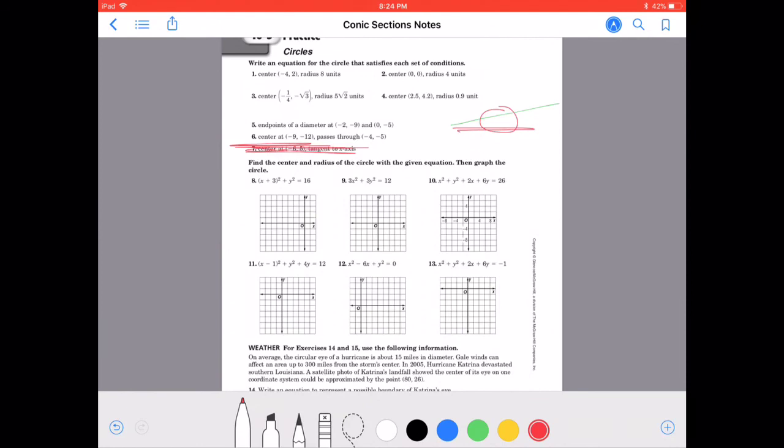And hopefully they have this set up so that way you can graph it still right on the graph, but be careful. Notice how there's no labels on most of them, so you might have to be careful and set up your axes to make sure that your circle fits. Alright. And then the last problem, we have a story problem, which you won't have on your sub work, but we can review all these when I get back on Monday.